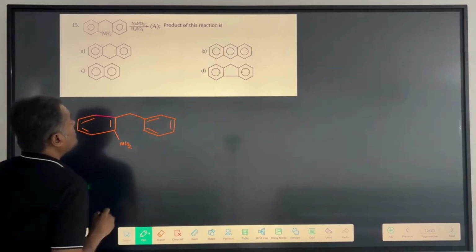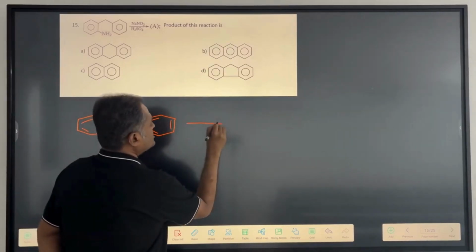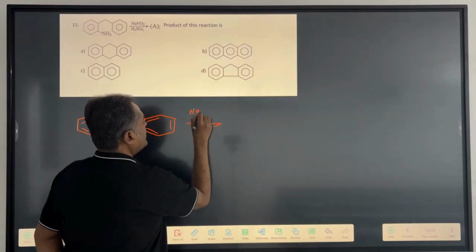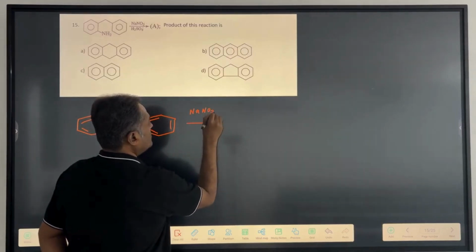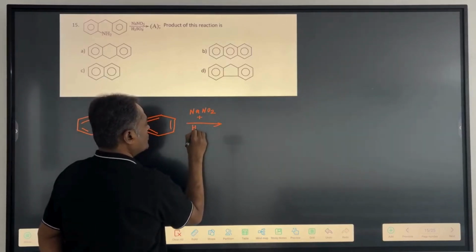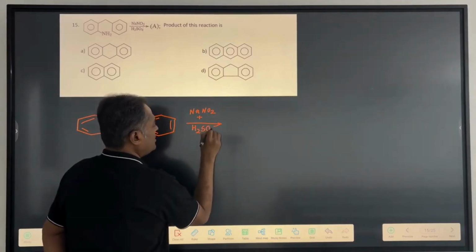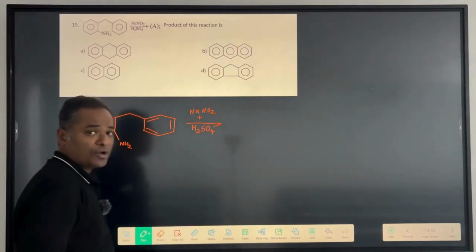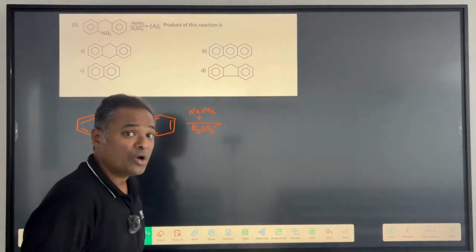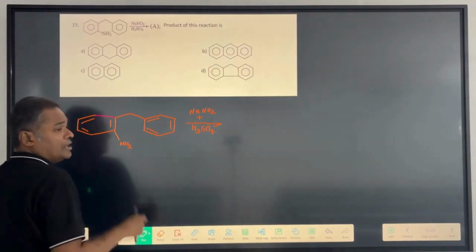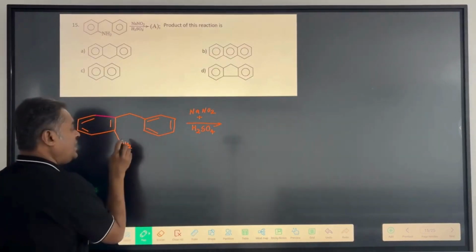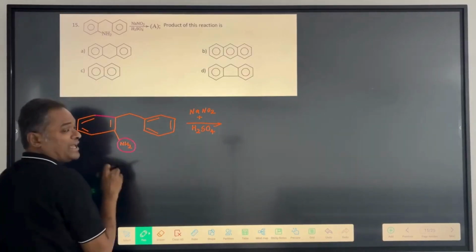Now what is the first step? You are treating this with NaNO2 plus H2SO4. If you remember, this condition is for a diazonium salt. So here this NH2 group will get modified to a diazonium group.